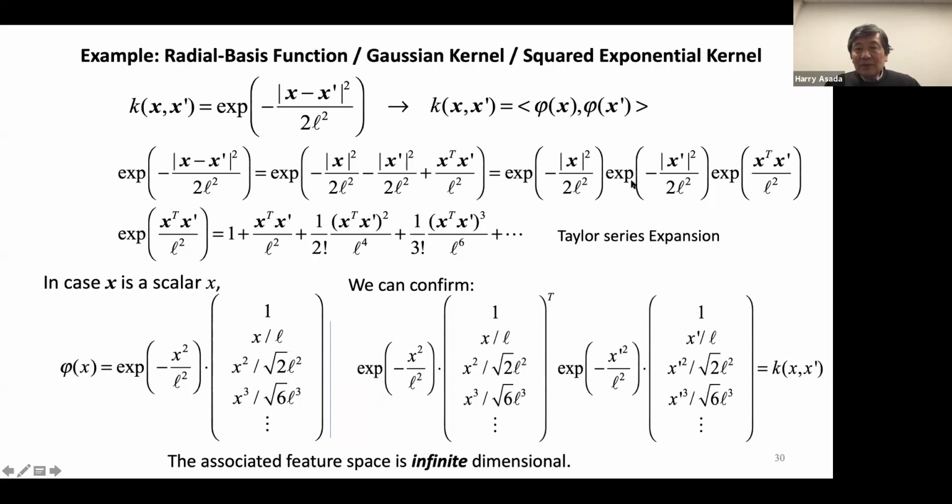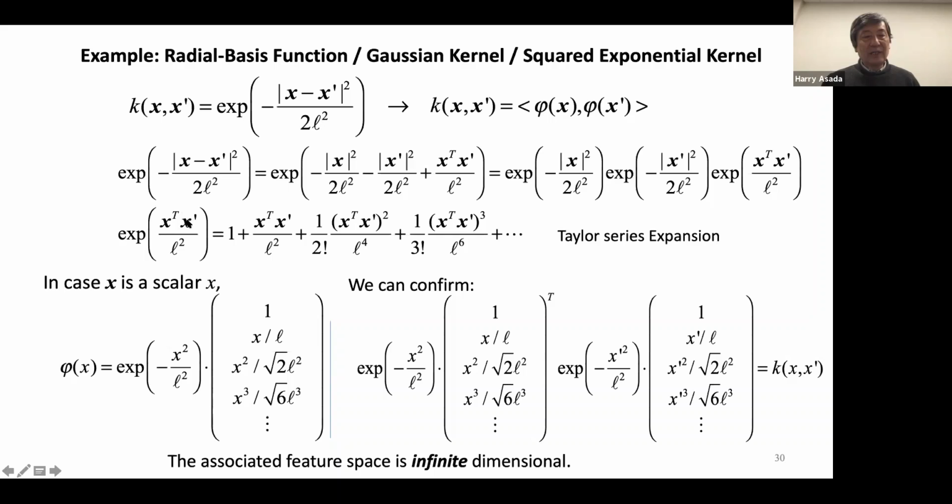Now these two terms are okay, as stated here, they are separated between x and x'. That's fine. But the last one is a cross term, a mixture. Can we really split this between the two, to be taken as an inner product? So let's apply the Taylor series expansion to this cross term exponential in here. Remember that this is a scalar quantity.